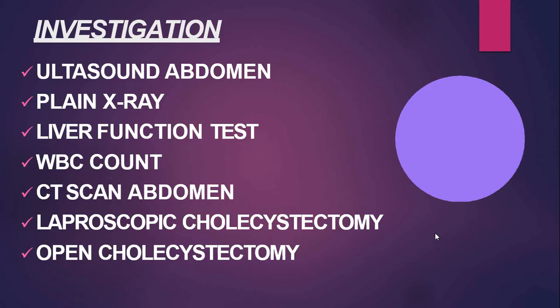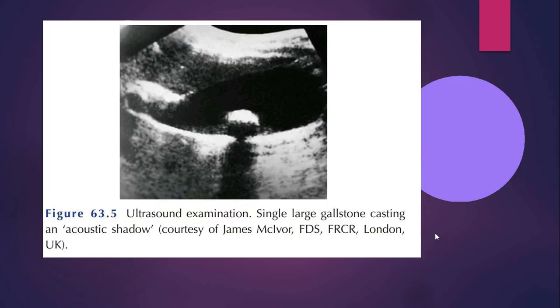Liver function test, CBC, in which you will look for the WBC count. Now CT scan abdomen is important to exclude other causes of obstructive jaundice like malignancies. And treatment, of course, is laparoscopic cholecystectomy or open cholecystectomy.